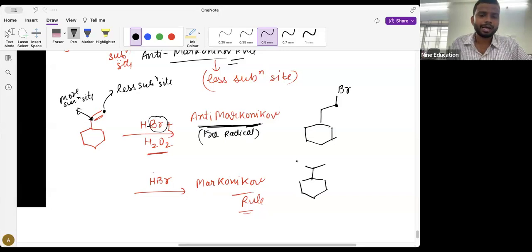Br minus will come at more substituted side. देखें, सिंपल इट इज. बताएं बच्चे, सिंपल इट इज.